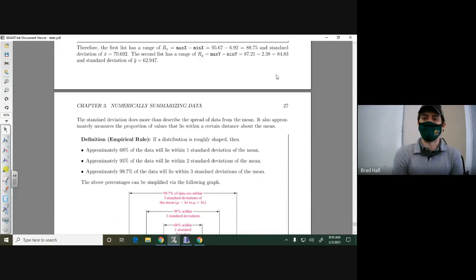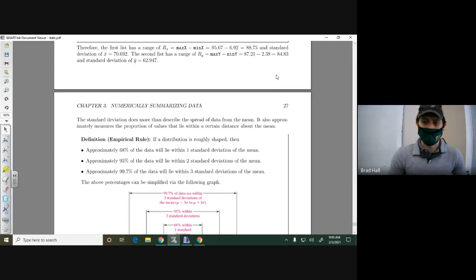What it's really telling us is the proportion of values that lie within a certain interval of the mean. Remember, the standard deviation is based off the mean. The standard deviation tells us the percentage of values that lie a certain distance from the mean.